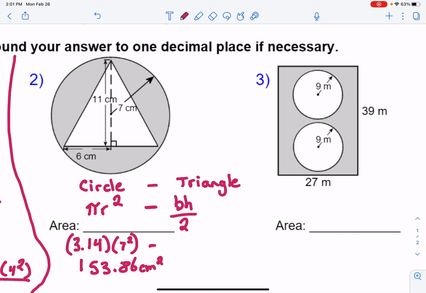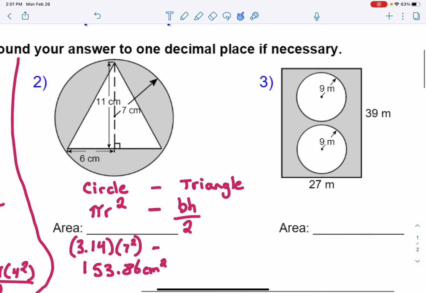So let's look at the triangle. For the triangle, we're going to do base times height divided by 2. For the base, it looks like they did not give us all the information. They only gave us half of the base here, but we need the full base. So we're going to have to add together 6 plus 6 to get a total of 12 centimeters. So that's the base of the triangle.